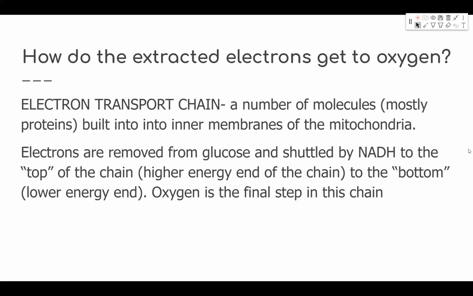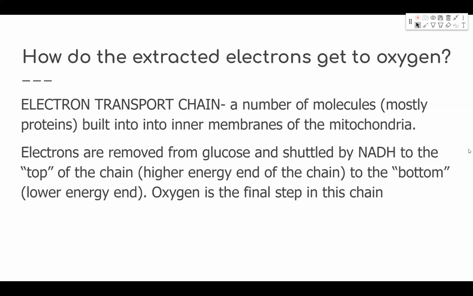And when those electrons are removed from glucose and on NADH, they're going to start at the top of this chain, the first high energy protein, and it's going to be transferred to a lower energy protein, to a lower energy protein, to a lower energy, until eventually oxygen is at the very end.